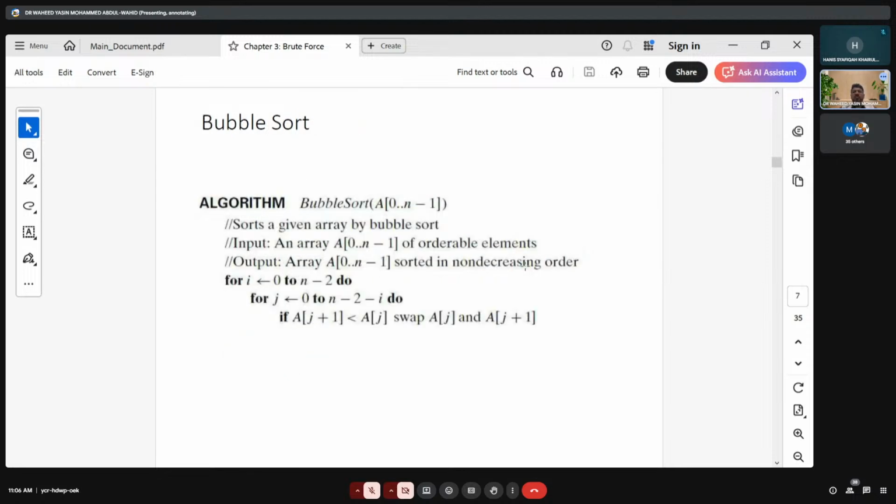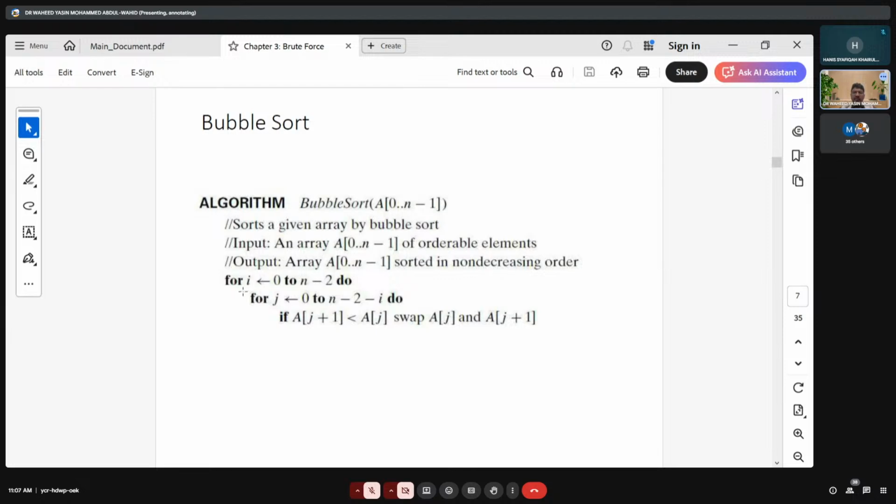Bubble sort. Sort a given array by bubble sort. Input: an array A[0..n-1] of orderable elements. Output: array A[0..n-1] sorted in non-decreasing order, or ascending order.